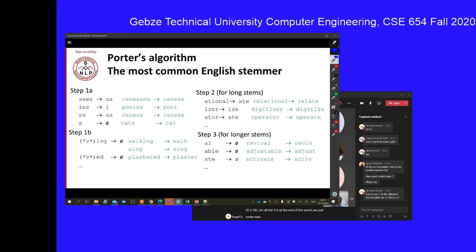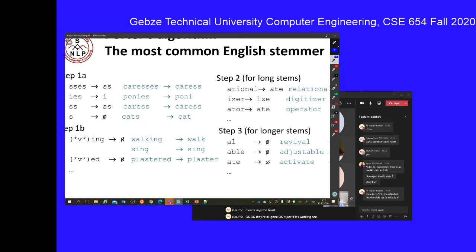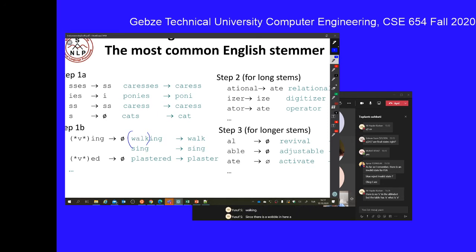All the words ending with "ing" that involve a vowel, vowel meaning "sesli harf," the "ing" is gone. If it's "walking," since there is a vowel in here, "a," I get rid of this one, so it becomes "walk."